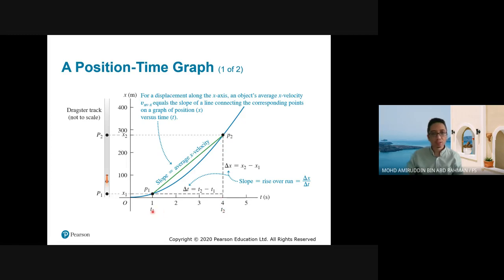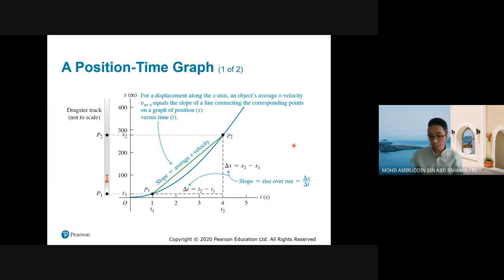That's the way for you to calculate the average velocity. That's simple. Always remember that for the average, we just take the starting point to the end point. That's for simplicity.